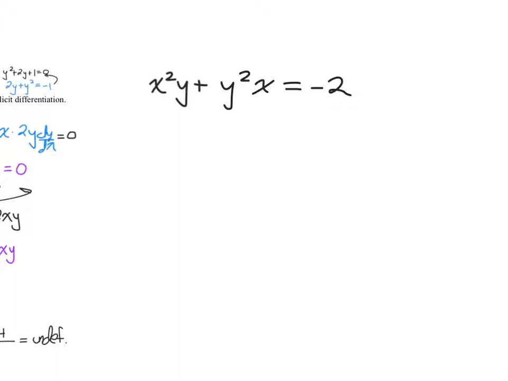Well, there's ways. I have a y squared term that has a coefficient, I'm going to write it as x. Then I have a y term that has a coefficient of x squared. And I'm going to bring over that 2, so plus 2 equals 0. All right.